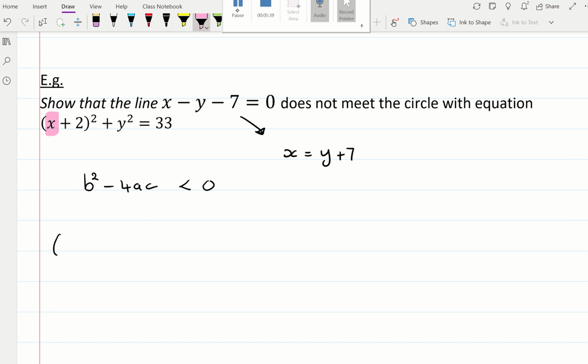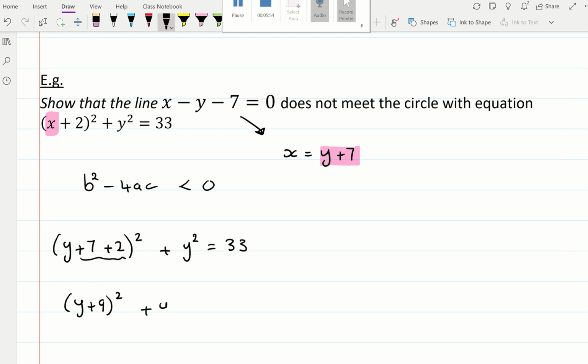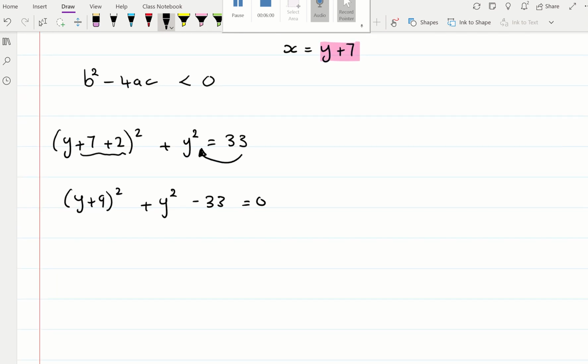So x is y plus 7. So (y plus 7 plus 2) squared plus y squared equals 33. 7 plus 2 is 9, so (y plus 9) squared plus y squared minus 33. I'm just going to subtract the 33, equals 0. This is a double bracket.